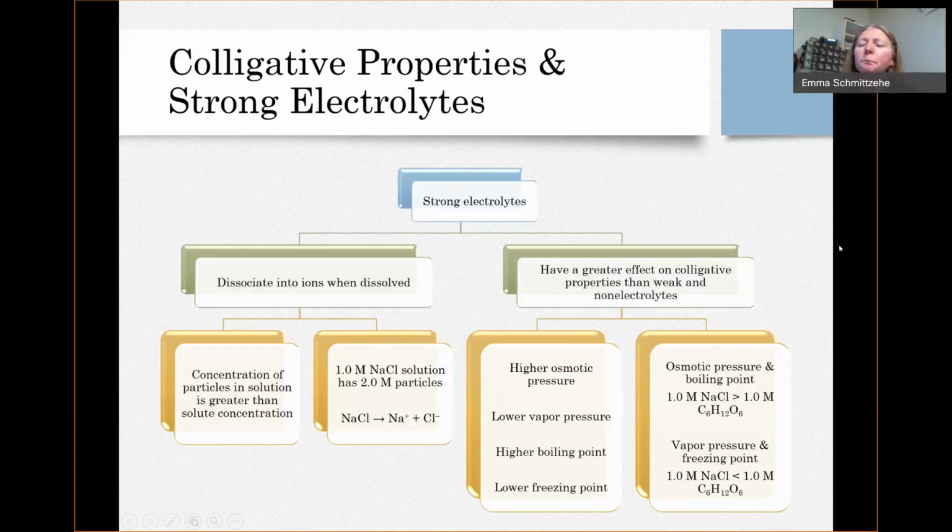That's why, when they salt the roads in the winter, they use salt, not sugar. If we put sugar on the roads, you get a 1-to-1. For every particle you put out there, you get 1 particle. But if we put salt out there, depending on which salt you pick, you get more particles.